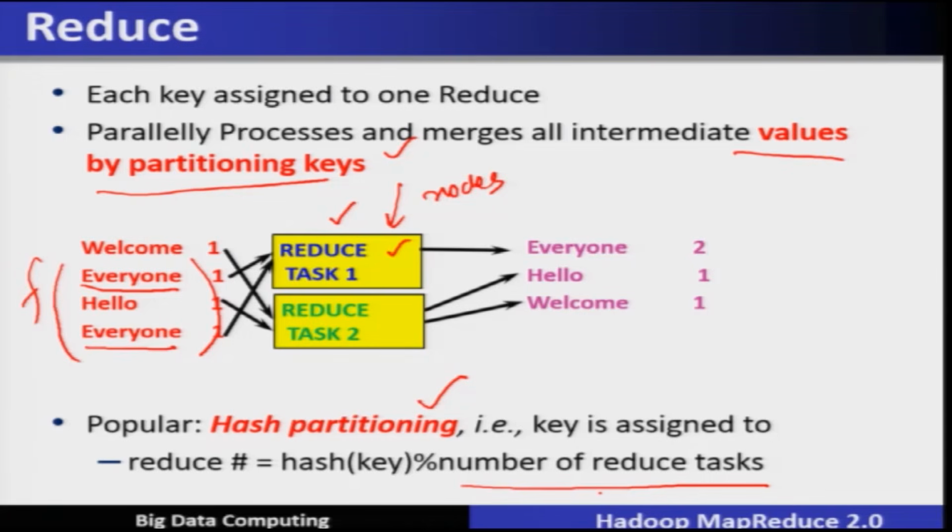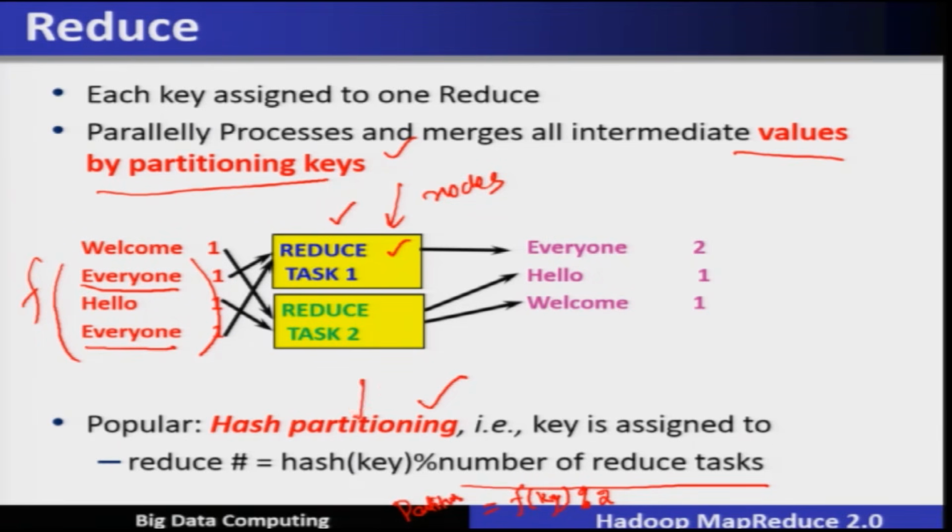Here let us assume the number of tasks is 2, and on that particular hash function we have to define a key, and this will generate the partitioning.